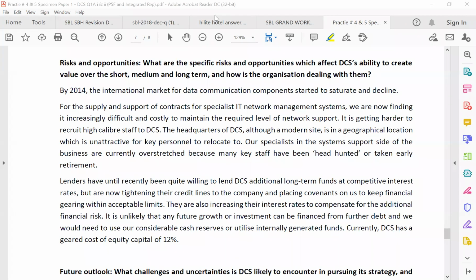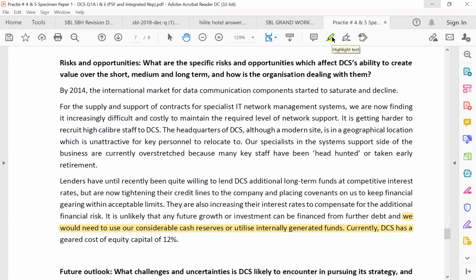So it says over here, he's saying that by 2014, the international market for data communication components started to saturate and decline.